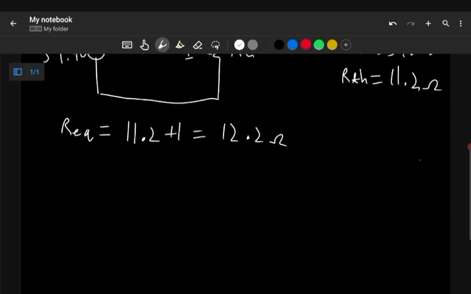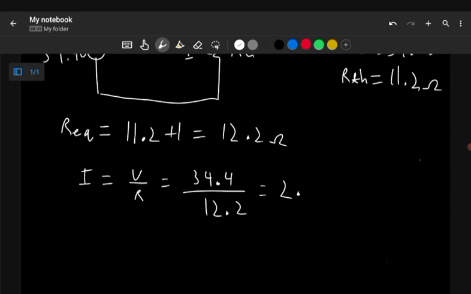And then I is equal to V by R, which would be 34.4 divided by 12.2, which will equal 2.81 amperes.